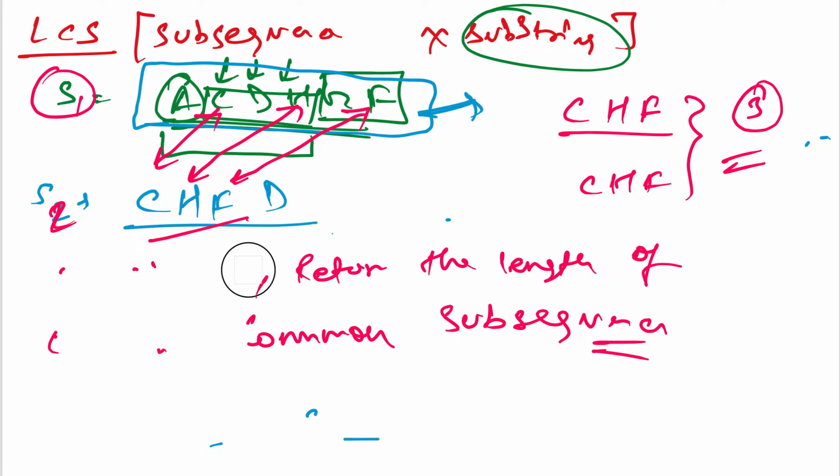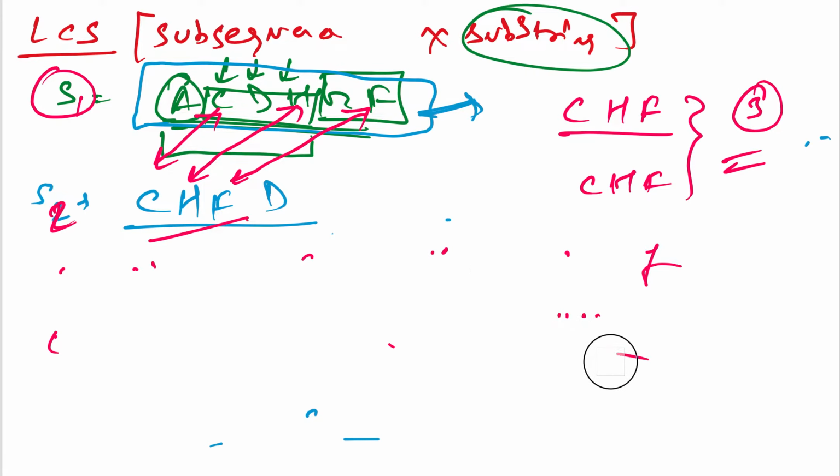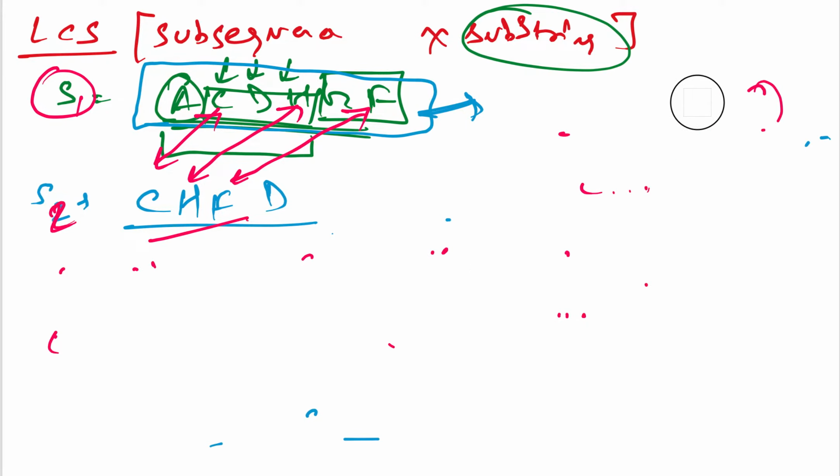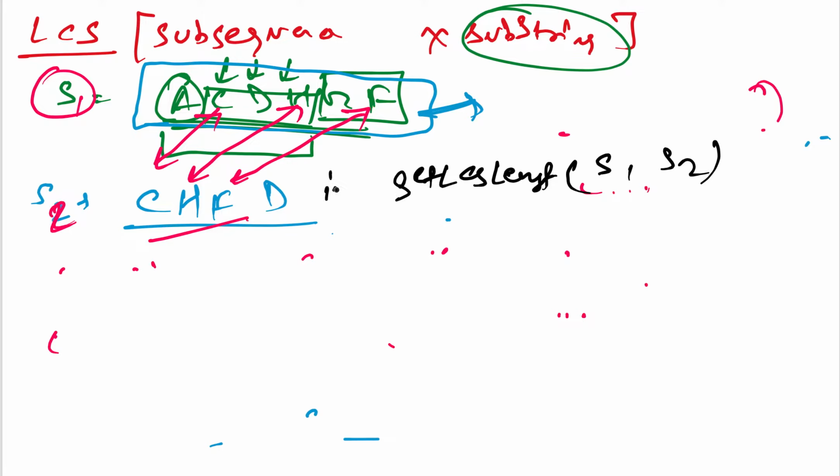Let me erase this one. So here we can see that our state will be a function getLCSLength, in which we are passing s1 comma s2, and we need to return the length of the maximum.